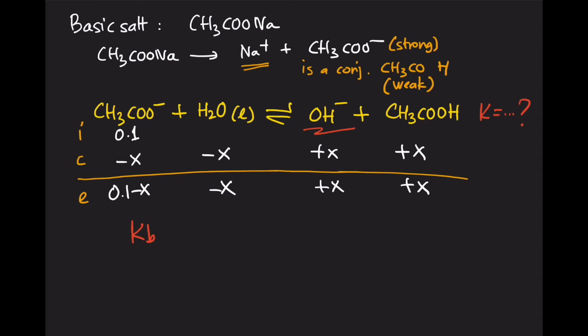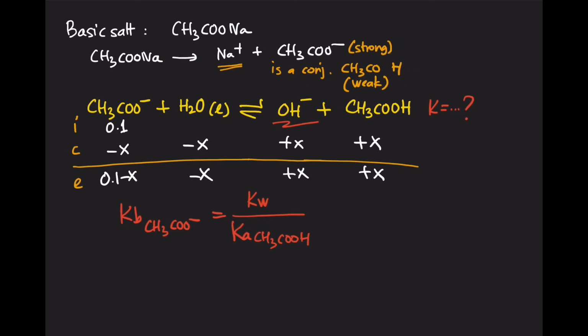So the Kb will belong to CH3COO- because that is the base in the system. And we can calculate the Kb of CH3COO- by taking the Kw of water divided by the Ka of its conjugate, which is CH3COOH. So Ka of CH3COOH.